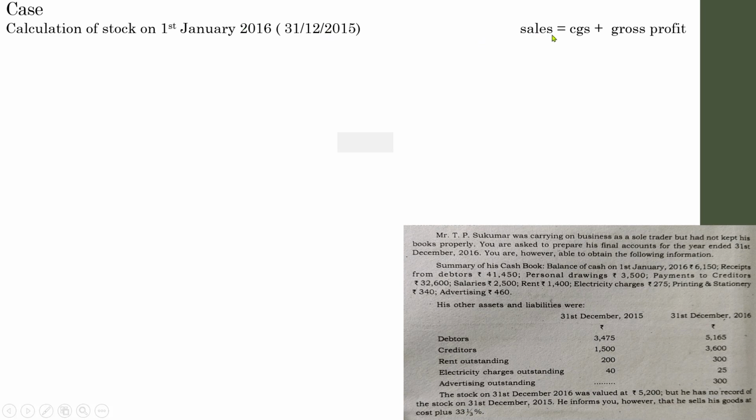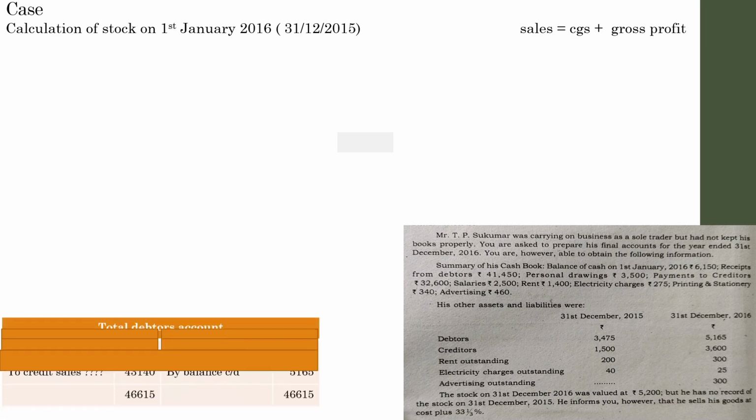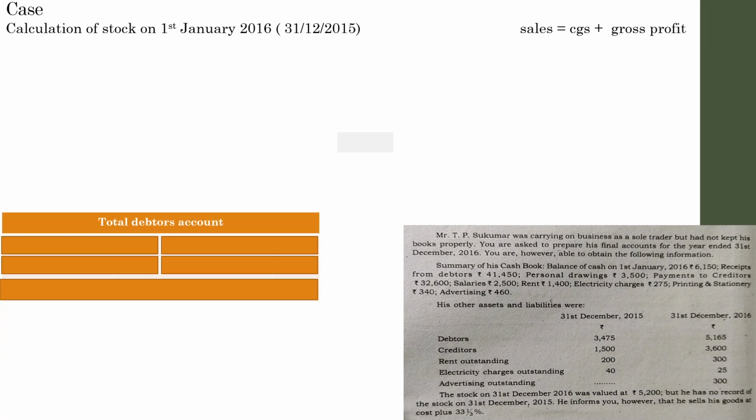And we know that sales equal to cost of goods sold plus gross profit. So let us find out the opening stock. So where can we find the value of opening stock? How are we going to find the value of opening stock? We have learned that in order to find opening stock, we need to use one equation.